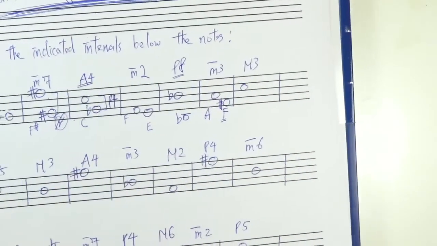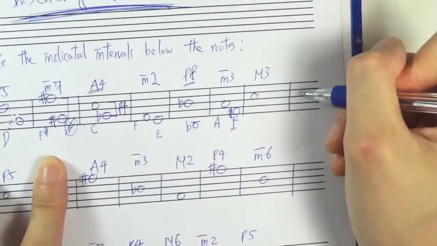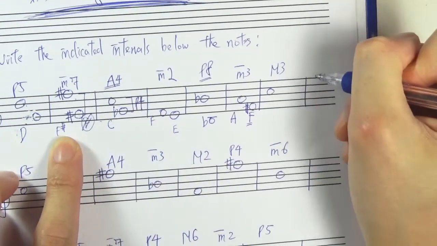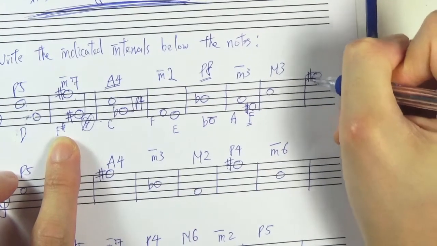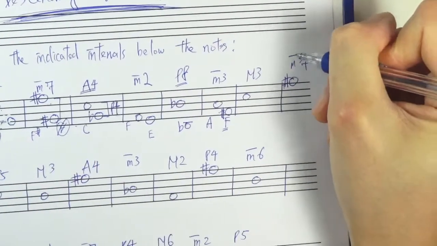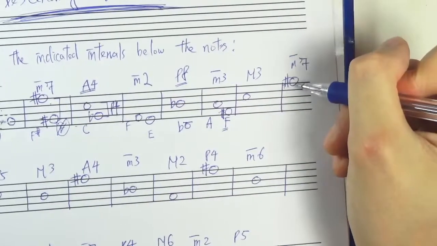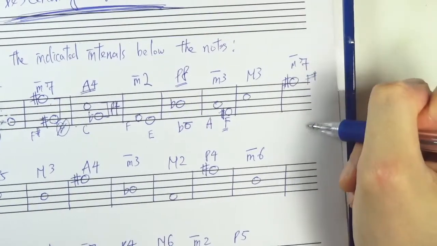So let me go back to the minor 7th example here. I'll write it down over here one more time. F sharp. Okay, so again, let me do that one again. Let me explain that a little bit better. So we have an F sharp. Let's go down a 7th first.